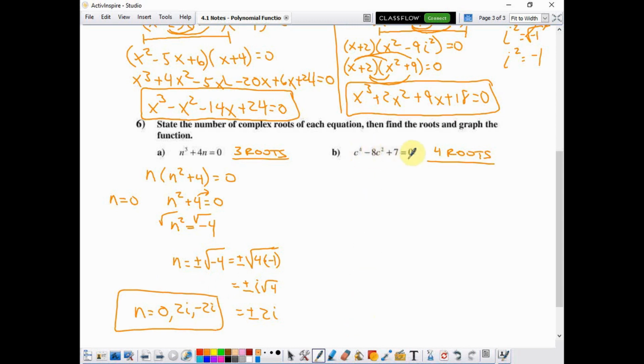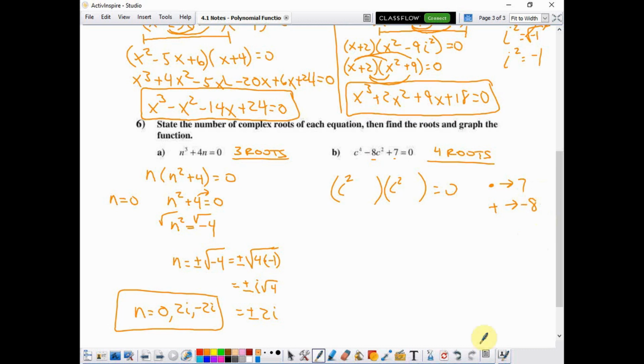Well, like this, I can factor just as though it was c squared here and a c here, except when I factor it, instead of c and c, it's going to be c squared and c squared. Now, what numbers multiply to make 7 and add up to -8?